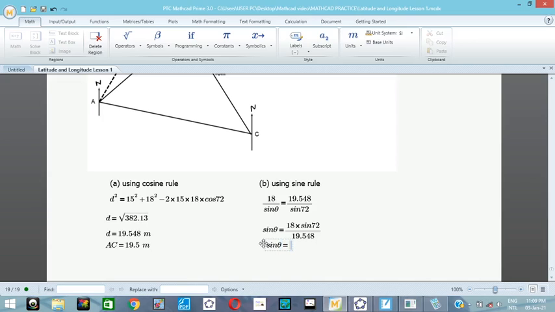So sine theta is going to be equal to 0.8757. Then if you find the inverse of this, the angle will be settled.